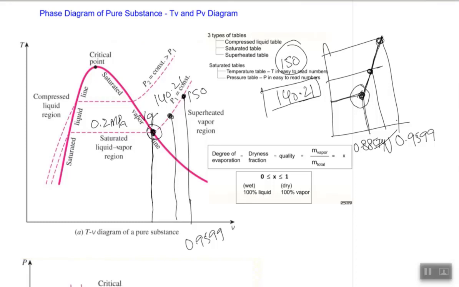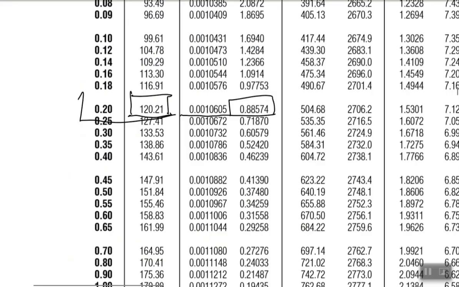From the same table, the temperature at this point is 120.21, which is the saturation temperature.